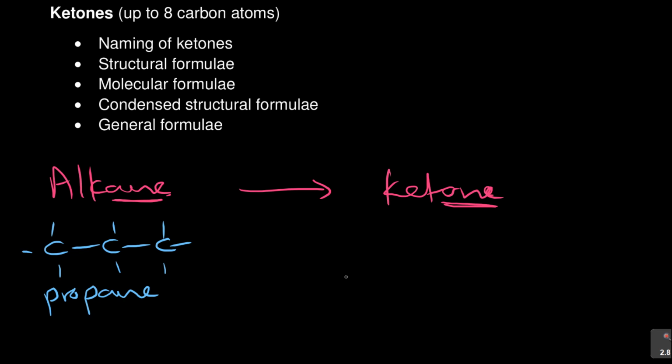If you are adding one, the ANE becomes ONE. It's the E that is changing, so the alkane becomes propanone.